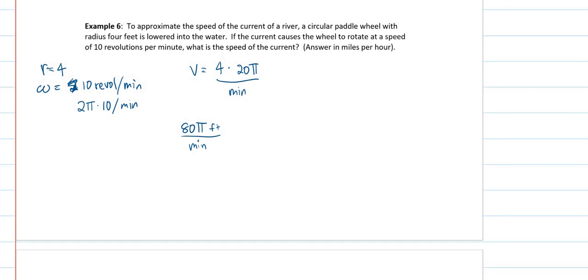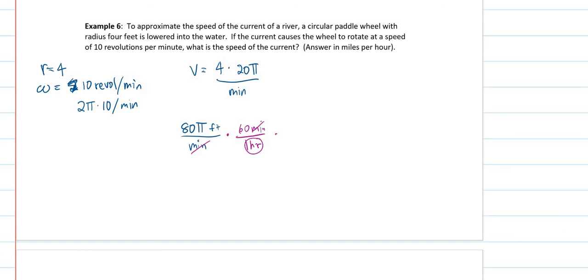That doesn't make a whole lot of sense. Obviously, we would use our calculator to find a decimal of that, but we want miles per hour, so we're going to use our conversion factors again. We know that there are 60 minutes in 1 hour, so we've now converted to hours.